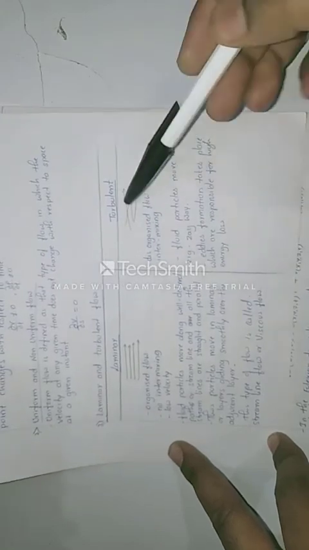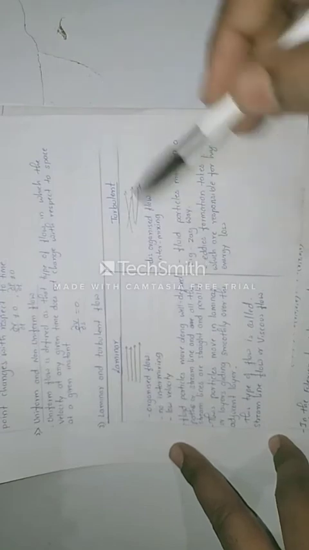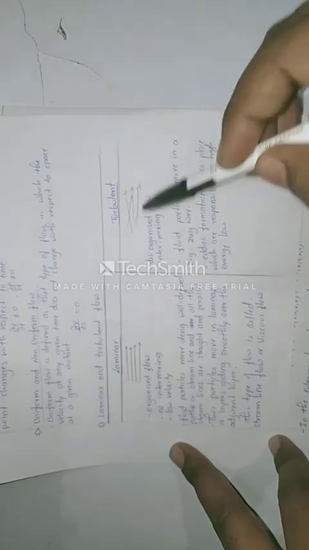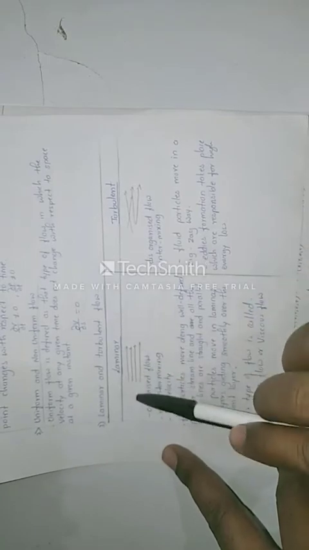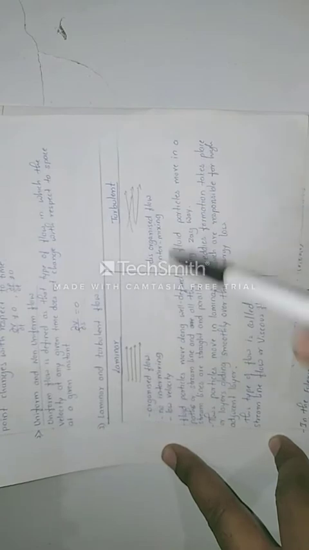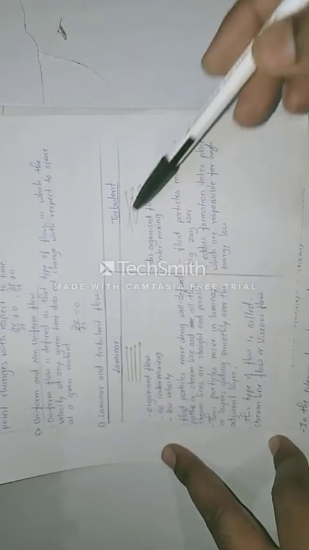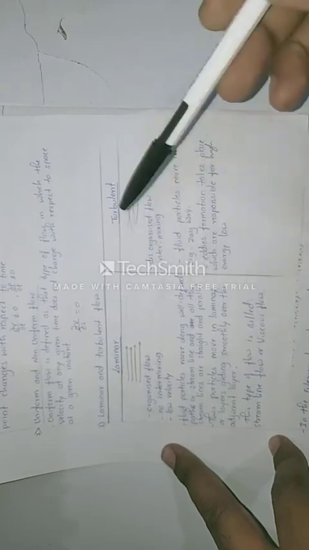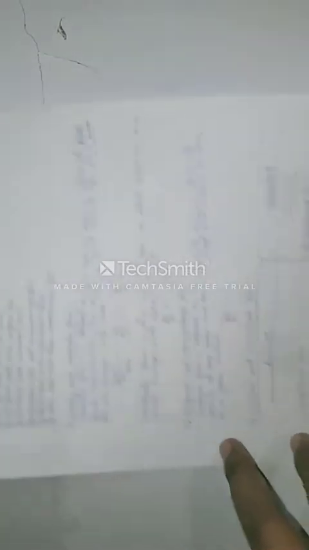Whereas turbulent flow is a disorganized flow, and there is intermixing. As you can see from the sketch, in laminar flow the fluid moves in a very disciplined manner, parallel to each other, one behind the other, whereas in turbulent flow it is not organized. So we call it turbulent.